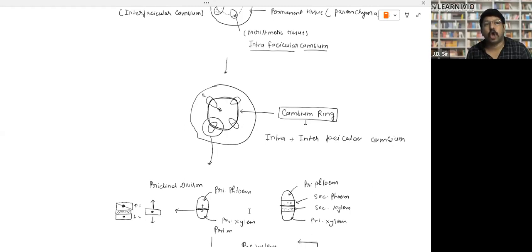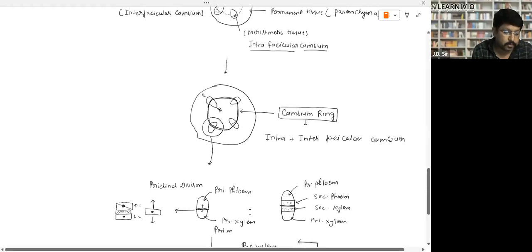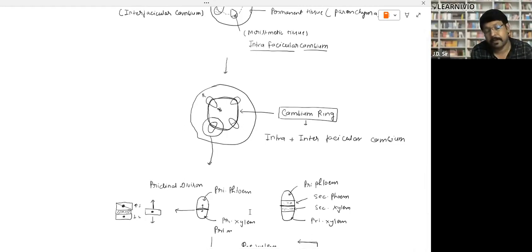It gets crushed due to pressure as it does not get space.